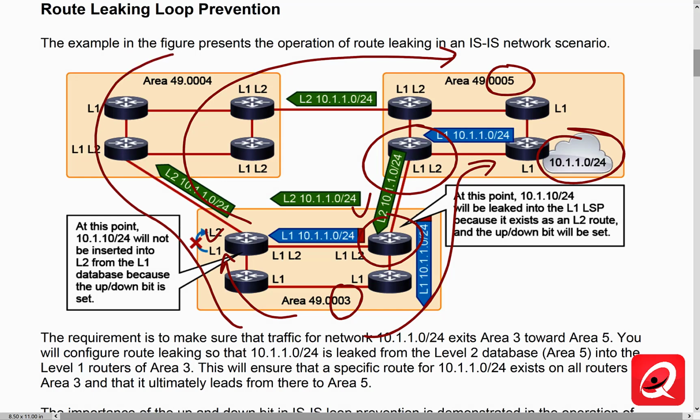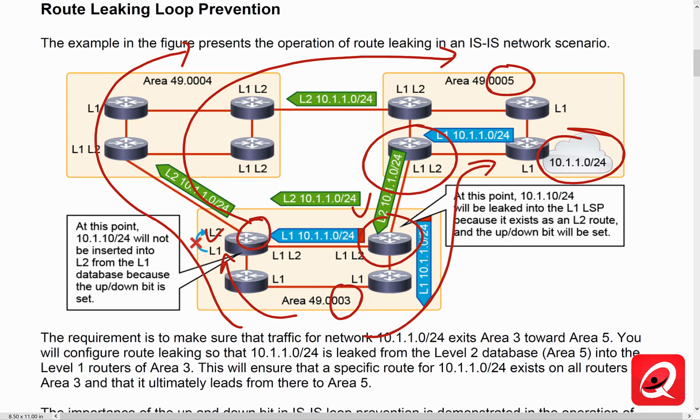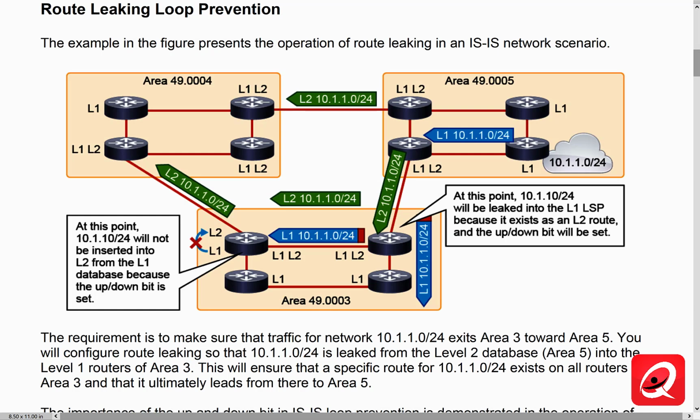So without the route leaking, it is possible that we may decide to go this way because that may be the closest L2 router based on the configuration that we might have in our topology. That would be based on the cost of the links and so on, if that makes sense. All right. So the importance of that up/down bit is a loop prevention mechanism.